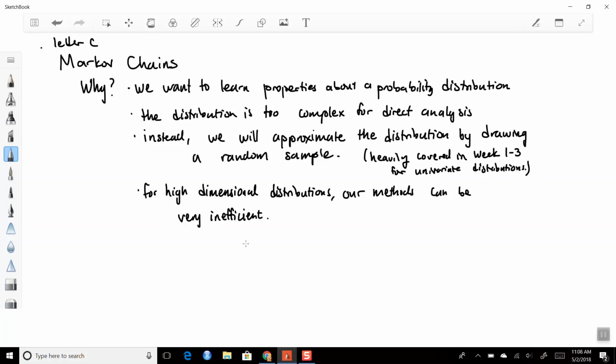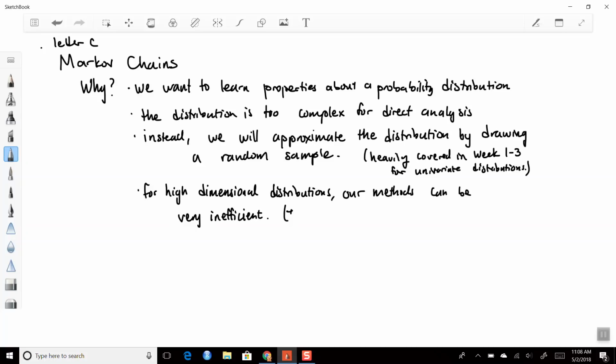And so, theoretically, as n goes to infinity, it will converge to the actual distribution, right? But we don't have infinite time, okay?